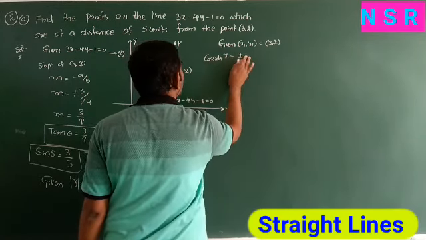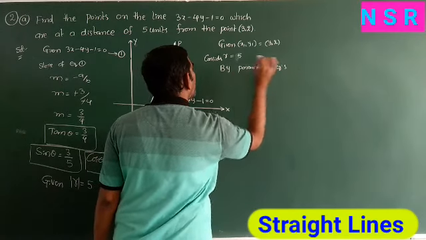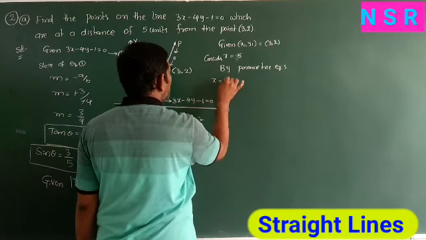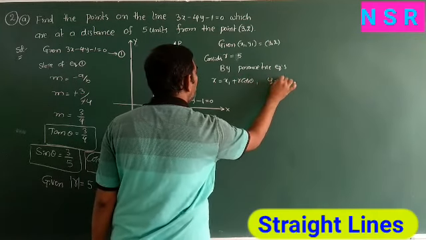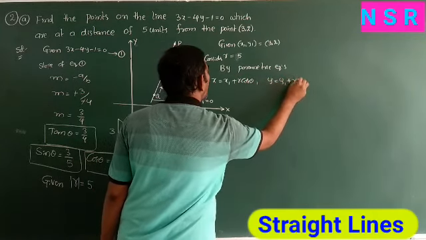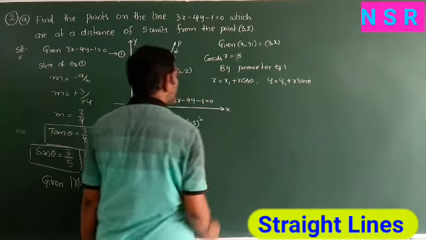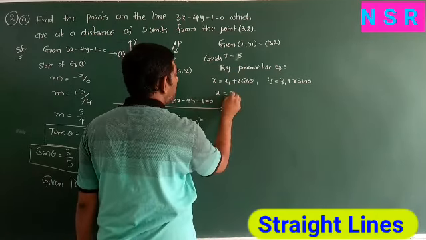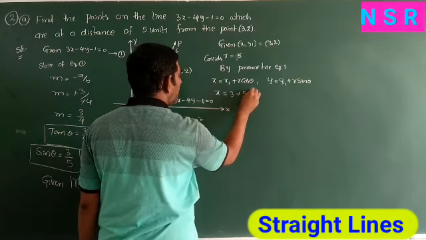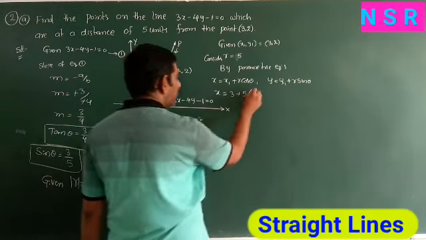Now consider first r is equal to 5. So write by parametric equations: x is equal to x1 plus r cos theta and y is equal to y1 plus r sin theta. x is equal to, so x1 value 3, r value plus 5 into cos theta value, 4 by 5.